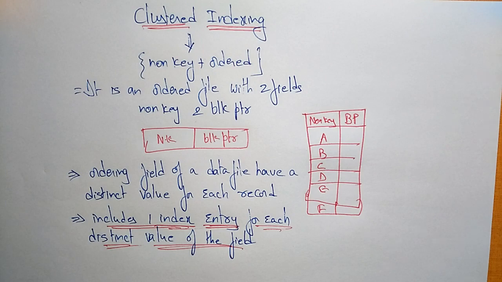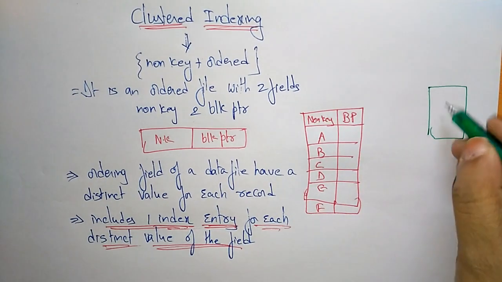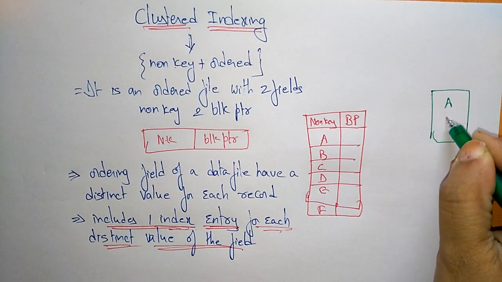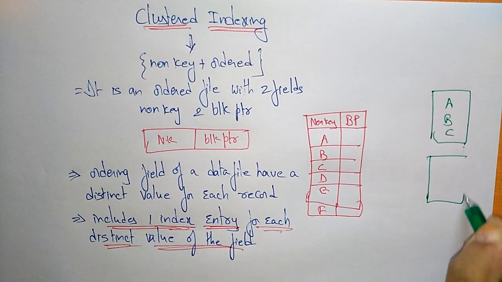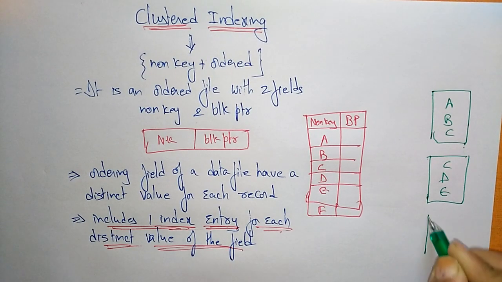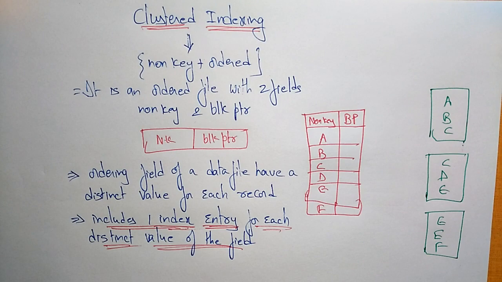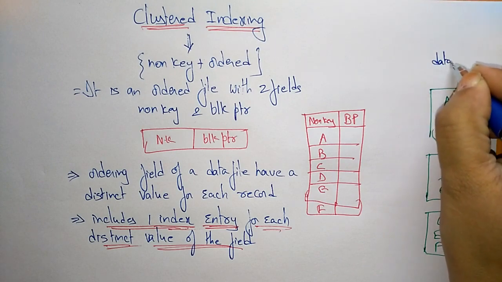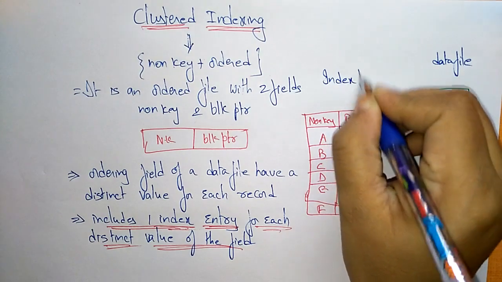The data file consists of different blocks. Each block contains three records: A, B, C in one block, another block contains C, D, E, and another block contains E, F. So this is the data file and this is the index file.